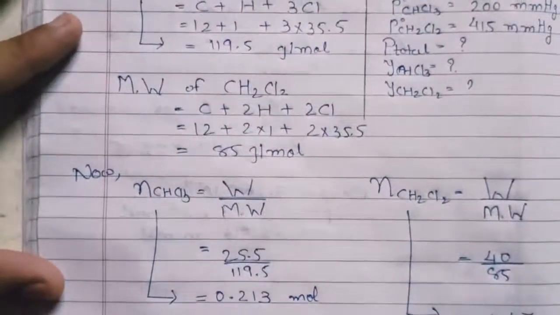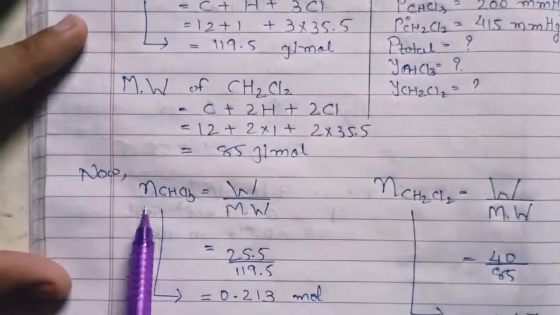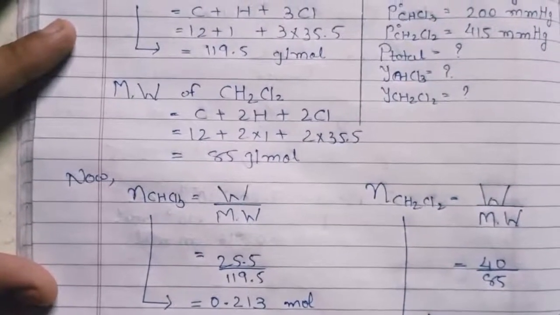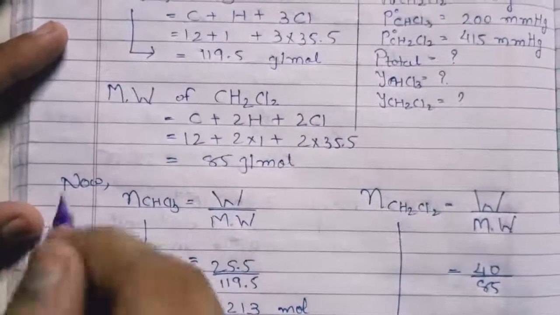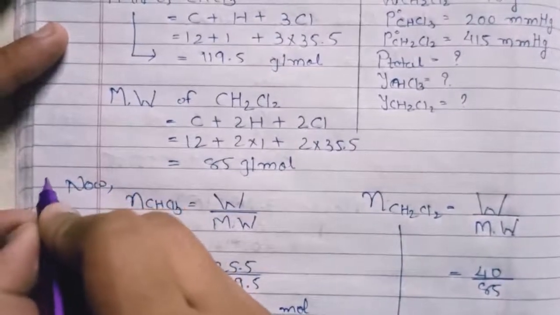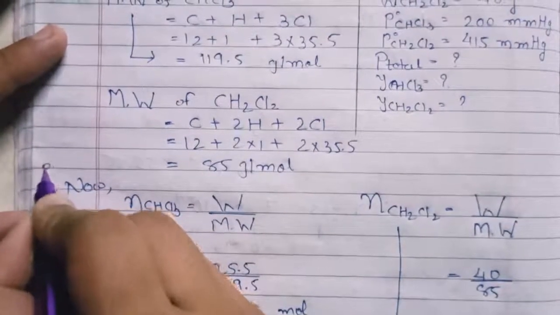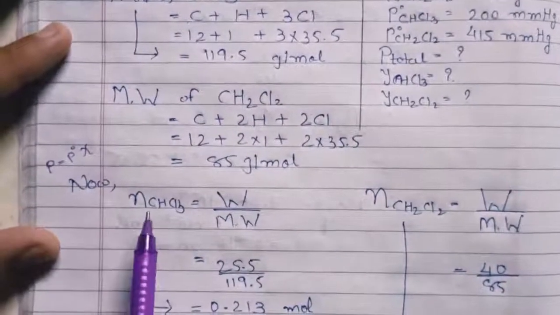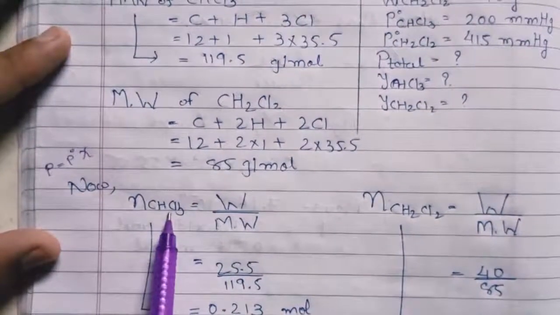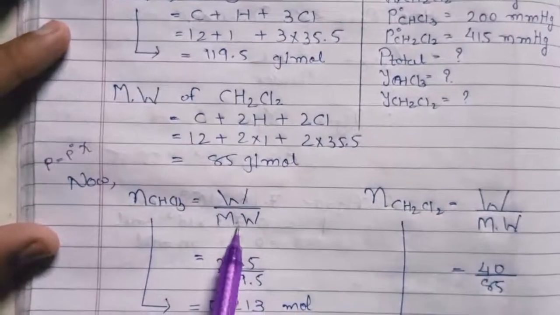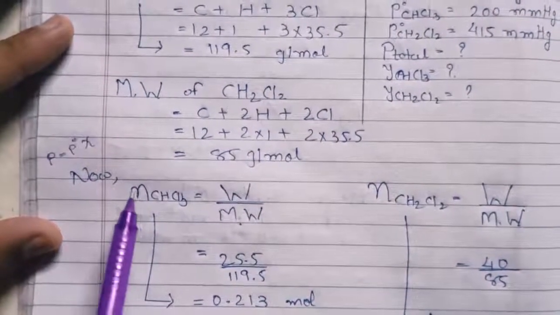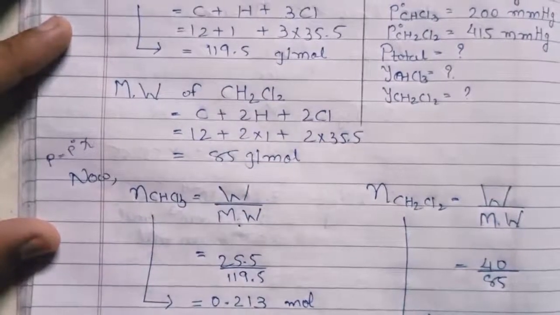Now we require moles of CHCl3 and CH2Cl2. Why? Because we have to find out pressure, and for the formula of pressure, P naught into mole fraction, right? So for the chloroform, moles of chloroform is mass of chloroform divided by its molar mass. Replace all the values and you will get the moles of chloroform is 0.213.